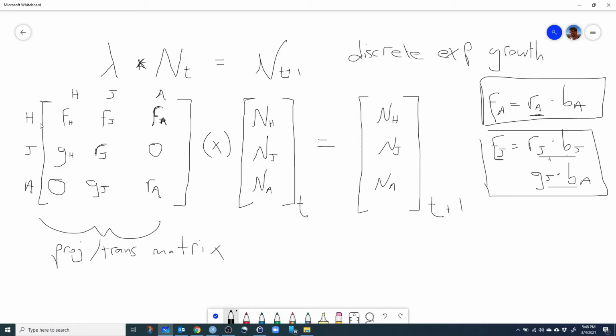All right. And then the fecundity of hatchlings is also a compound term. It involves basically the growth of hatchlings into the juvenile class, and then you multiply that by the birth rate of juveniles.